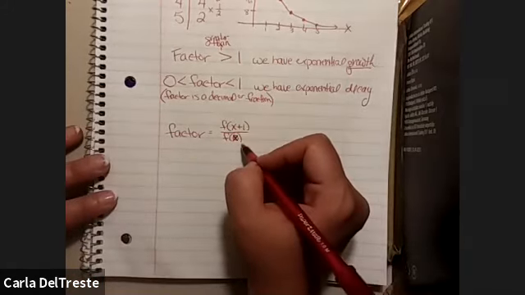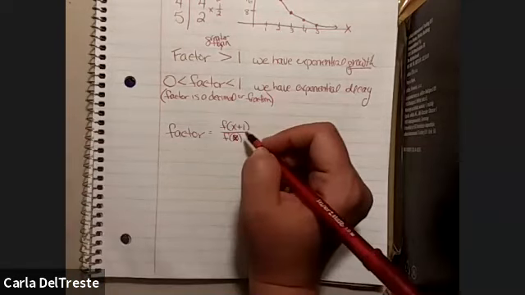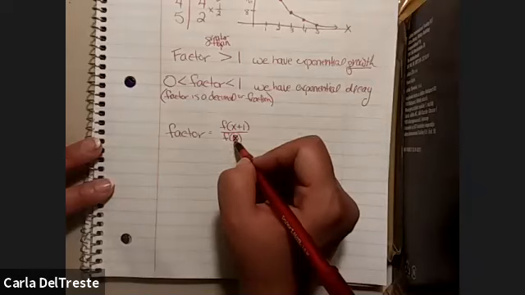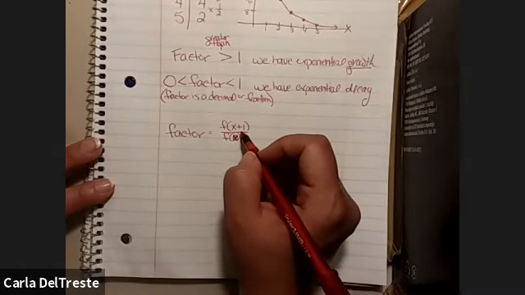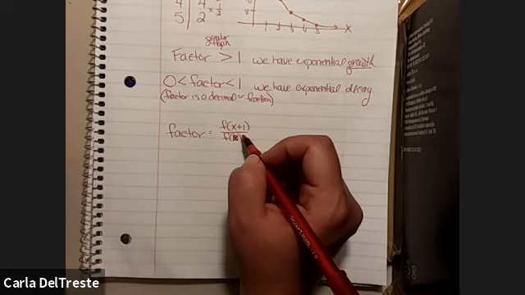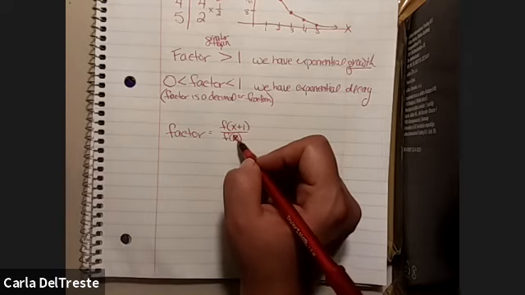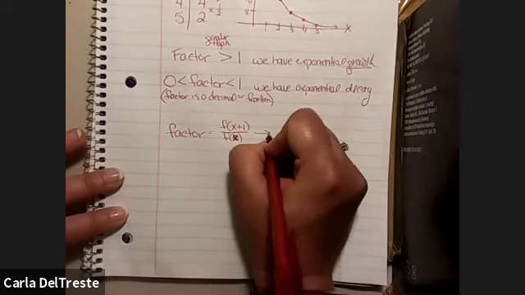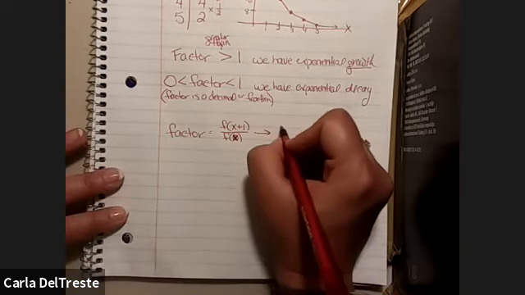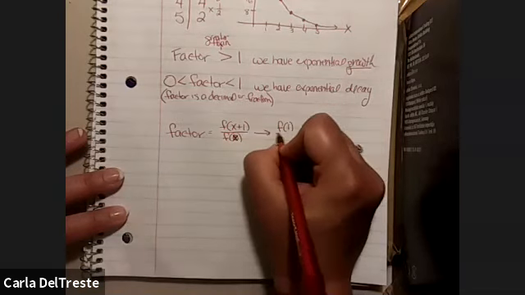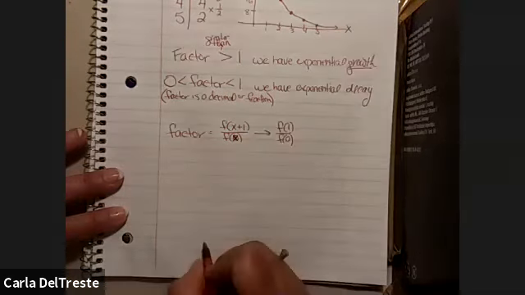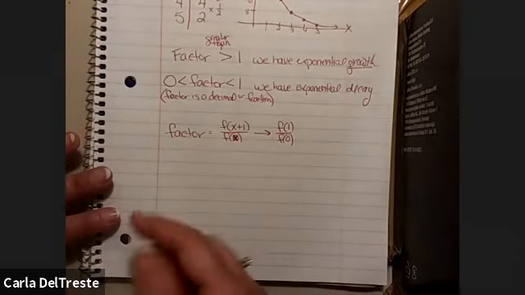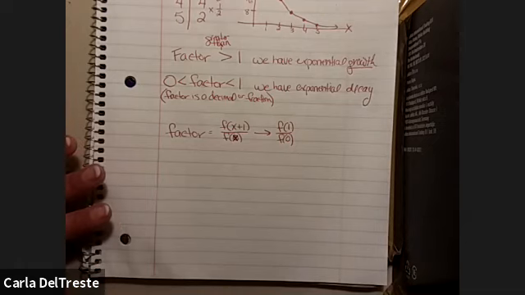This does look very confusing because I'm using f of x's, okay, I have x plus 1 here. What does that mean? All this means is the division of two consecutive outputs, okay, when the x differs by 1, like we said before. That's all this means. Also, if you don't want to think about it like this, and you have available to you f of 1 and f of 0, so an input of 1 and an input of 0, and you can divide those outputs, you can just go for that, okay?